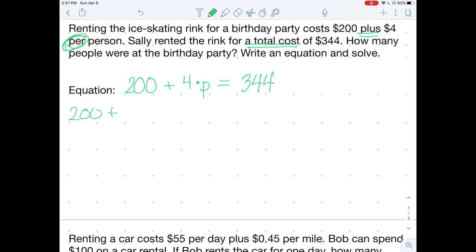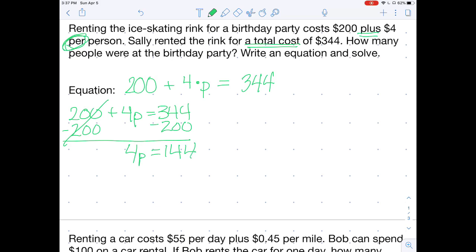So we've got 200 plus 4 times p equals 344. So if we subtract 200, because we're trying to get p by itself, it's like solving a two-step equation again. This cancels out. 4p equals 144.